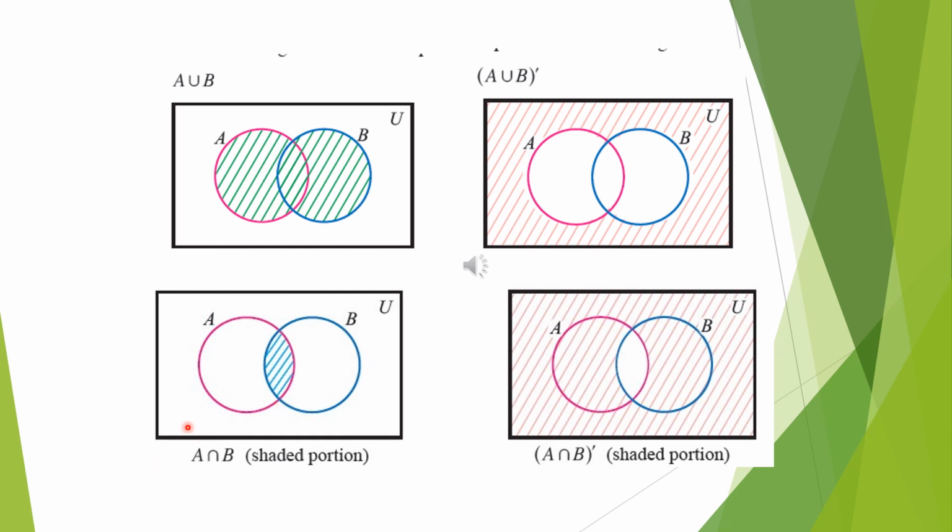Here I have given some Venn diagrams to show different sets, that is A union B complement, A intersection B, A intersection B complement. You will practice by drawing these operations.